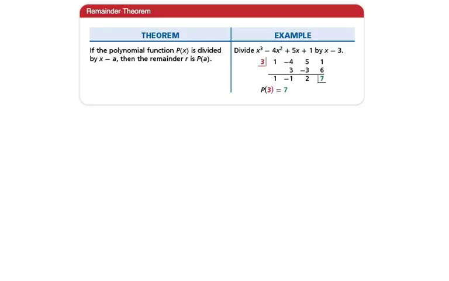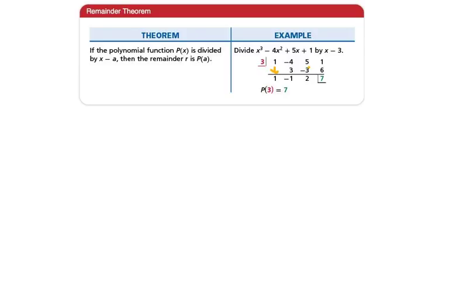We divided x to the third minus 4x squared plus 5x plus 1 by x minus 3. And you can see what we did. We brought the 1 straight down. 3 times 1 is 3. 4 plus 3 is negative 1. 3 times negative 1 is negative 3, right? 5 minus 3 is 2. 3 times 2 is 6. 1 plus 6 is 7.